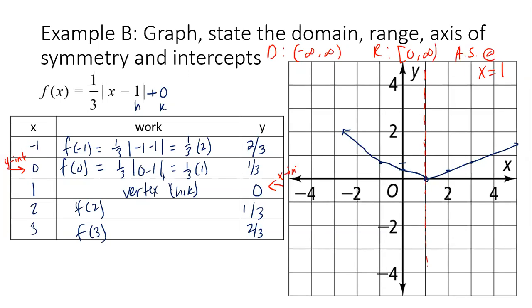So my y-intercept is at 0, 1/3, and my x-intercept is at 1, 0. And ta-da, graph has been analyzed. Did working with a fraction make it any different of a process? No. It made me draw a less accurate graph, however, but the process is still there.